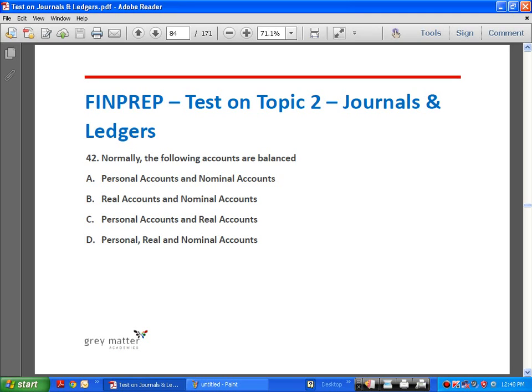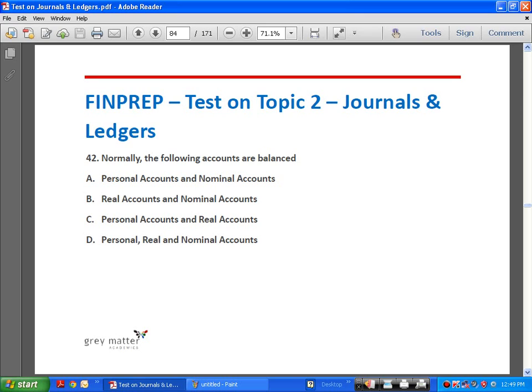question number 42. Normally, the following accounts are balanced. Right. So we saw that broadly there are three types of accounts: personal accounts, nominal accounts, and real accounts. So nominal accounts are accounts that record all transactions relating to incomes and gains, expenses and losses.